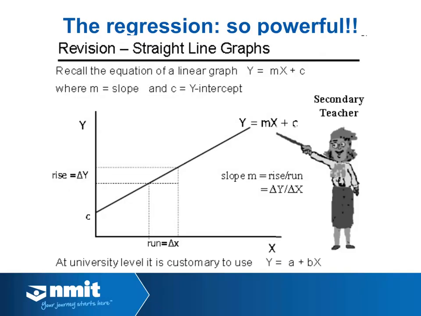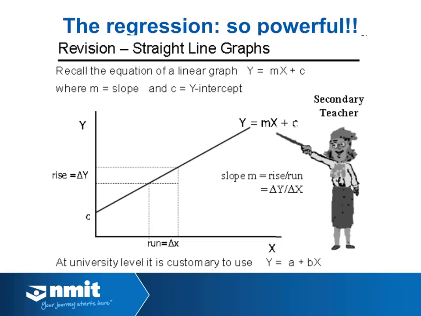Here's what I was saying before. So linear equations are given the formula y equals a plus bx. Sorry, I said ax plus b. It's a plus bx. At school, it's often given y equals mx plus c, but at tertiary level, we say y equals a plus bx. Even though I just said it was something different, that's the form that we use, y equals a plus bx.